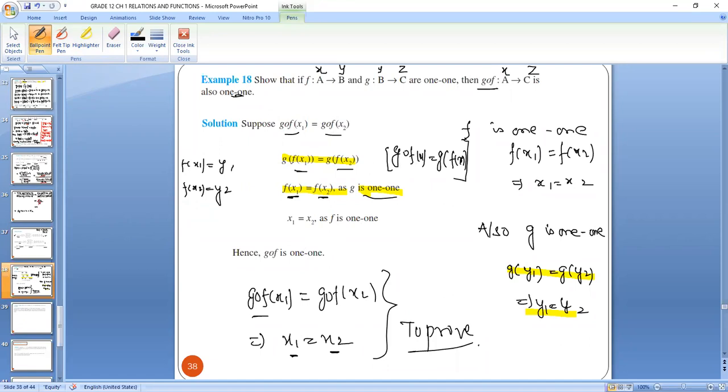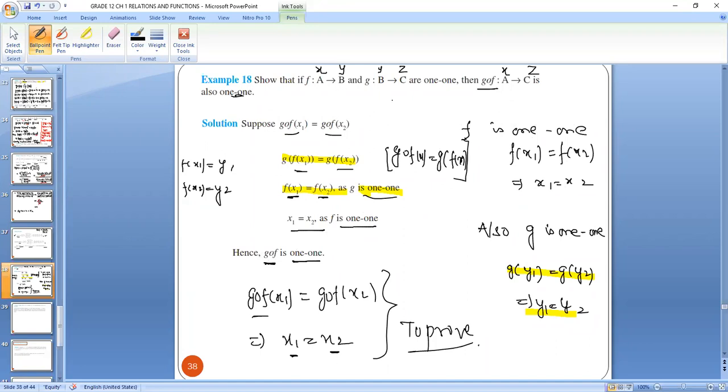तो सबसे पहले आपने G of F की डेफिनेशन लगाई, G in the bracket F of X1 is equal to G in the bracket F of X2। अब अगर F of X1 की जगह Y होता तो हमें पता है कि G of Y1 is equal to G of Y2 implies Y1 is equal to Y2 because G is 1-1। Therefore अगर ये G of F of X1 is equal to G of F of X2 है, then this will imply F of X1 is equal to F of X2 because G is 1-1। Also F is 1-1, so F of X1 is equal to F of X2 implies X1 is equal to X2 as F is 1-1। Therefore we have proved that G of F is also 1-1.